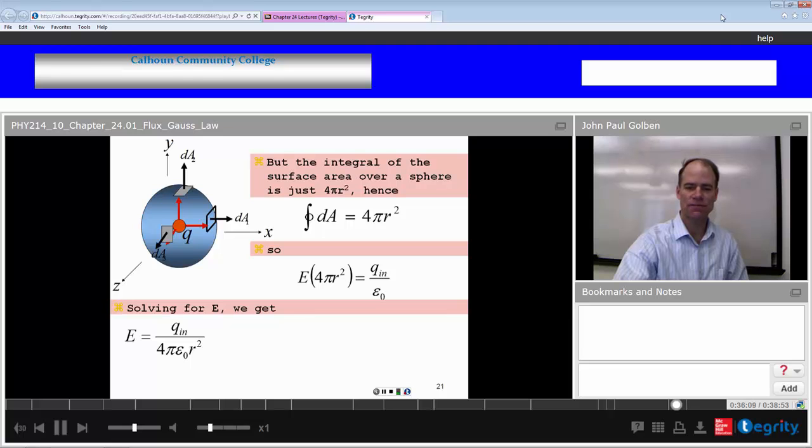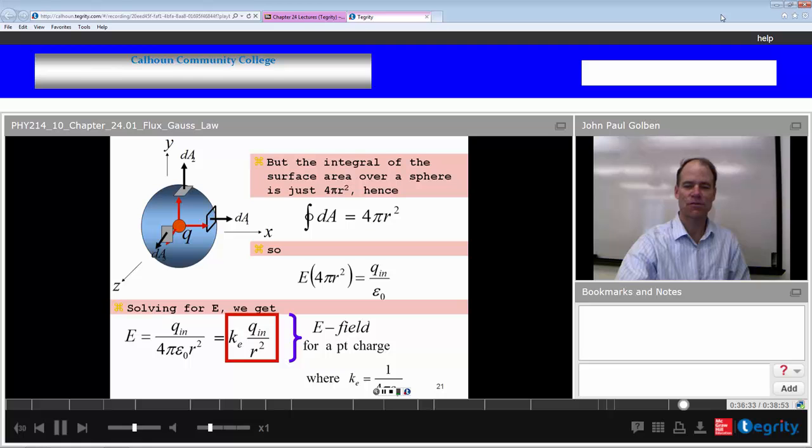Solving for the E field, I get E equals Q enclosed over 4 pi epsilon naught r squared, which is K Q enclosed over r squared, where K is our famous K constant, 9 times 10 to the 9, but K is equal to 1 over 4 pi epsilon naught. This is the E field for a point charge, where our famous K constant is 1 over 4 pi epsilon naught.